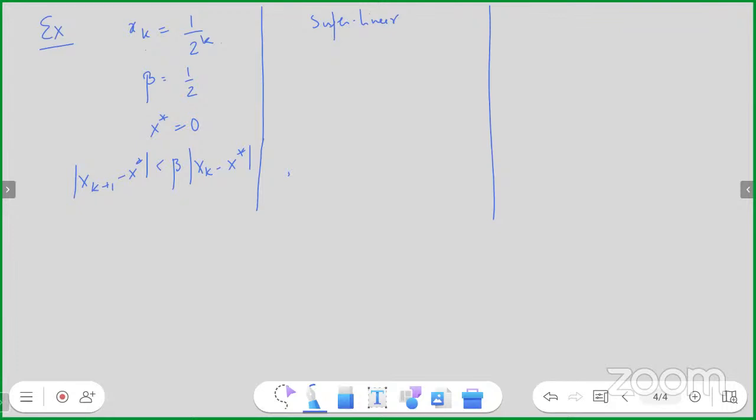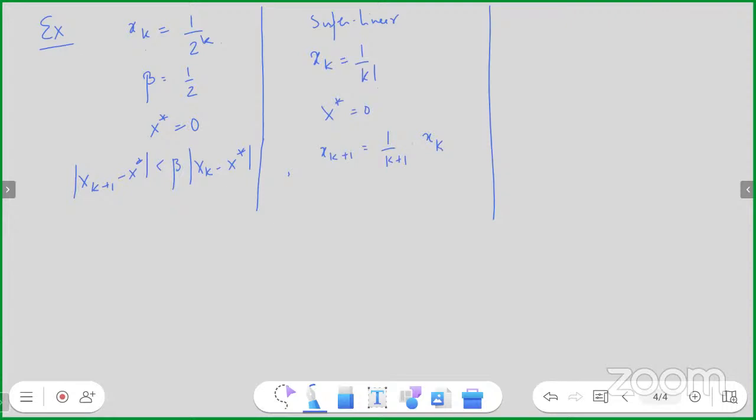Is that too strong? This is one idea. See that, right? Why it works? What is x star? And what is x_{k+1}? It is equal to 1 by k plus 1 times x_k.